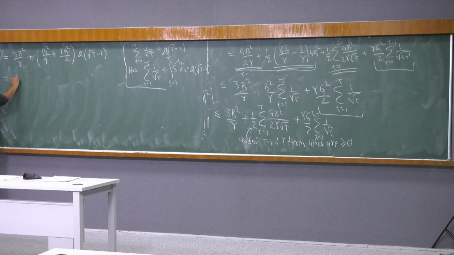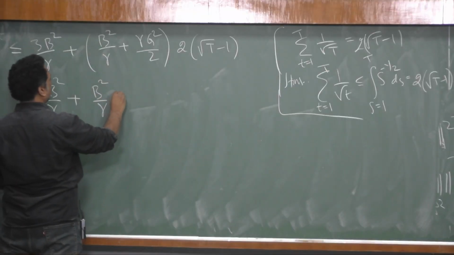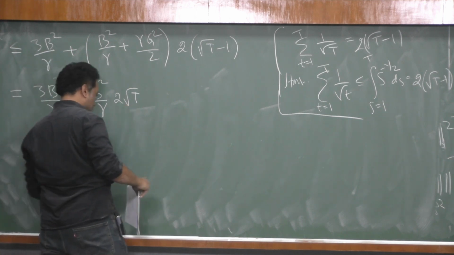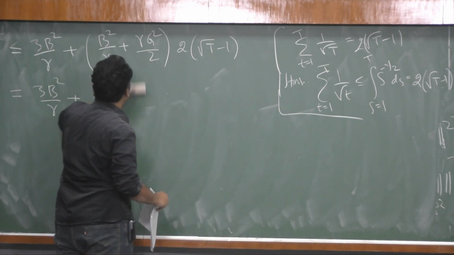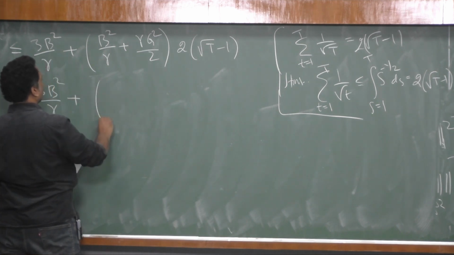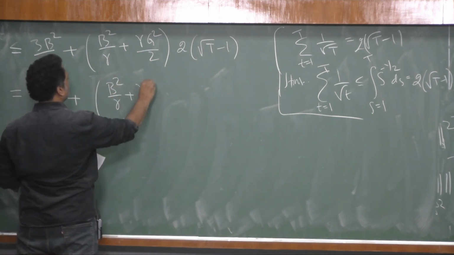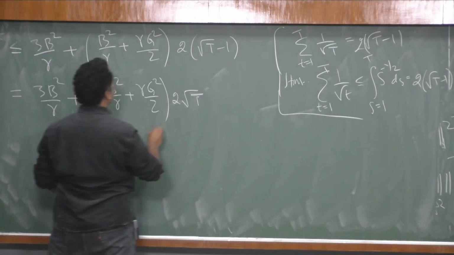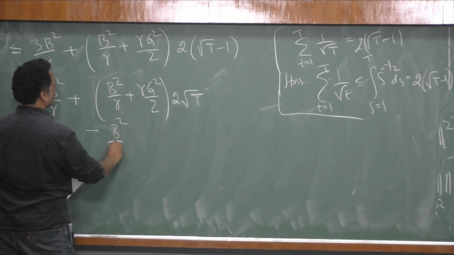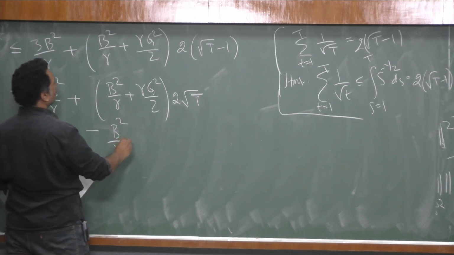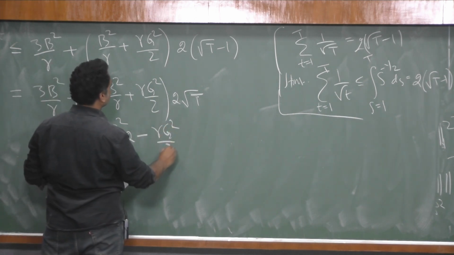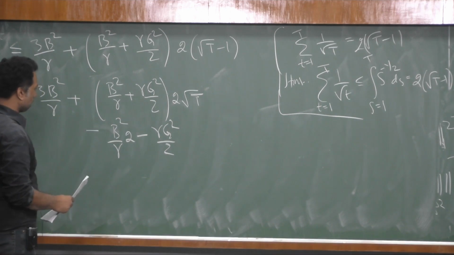So first, let us do that in a way that, so b squared by gamma and 2. I could have just the positive term, like I keep it as a whole. Only the negative term I will try to split. So b squared by gamma plus gamma g squared by 2, and this is 2 square root of t, and the negative term is minus b squared by gamma, and this is with the 2, and minus gamma g squared by 2 times 2 again.